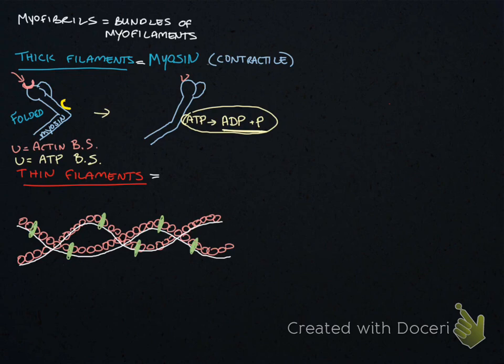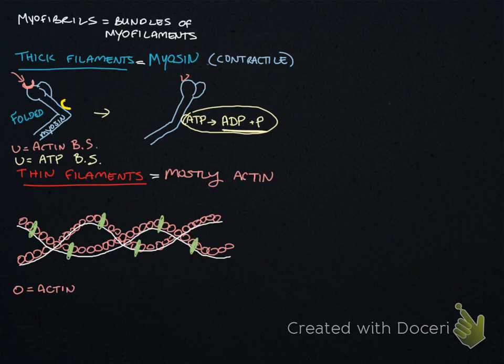Now the thin filaments are mostly actin, whereas with myosin it's about 200 of these contractile proteins. The actin, it's about 2 of them, and they're twisted sort of in this double helix arrangement. And there's some other things here.